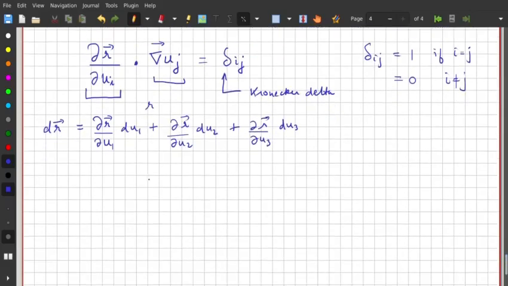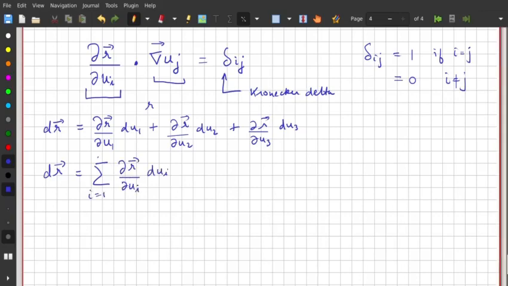Okay, and therefore we can write this in a little bit different way, which is using the summation notation. It will become the sum over partial r partial ui dui, where i goes from 1 to 3.